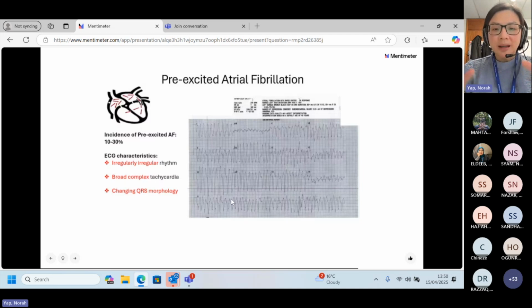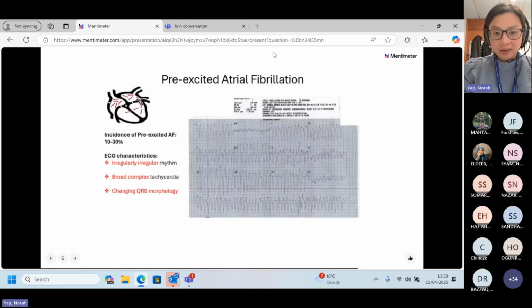So just remember, AF is always irregular. If you look at an ECG of atrial fibrillation, you get irregular RR intervals, and in pre-excited AF, that irregularity remains. So irregular rhythm, broad QRS complexes, and not every single QRS complex looks exactly the same.